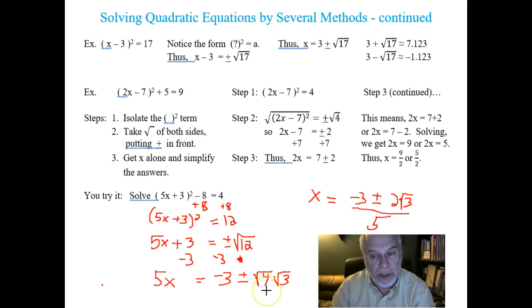The square root of 4 is just 2, so 2 times the square root of 3. So I have negative 3 plus or minus 2 times the square root of 3. Then I just divide both sides by 5. The 5 cancels on the left side and ends up on the bottom on the right side. So that's the answer: negative 3 plus or minus 2 times the square root of 3, all over 5.